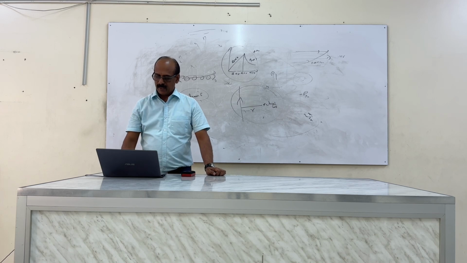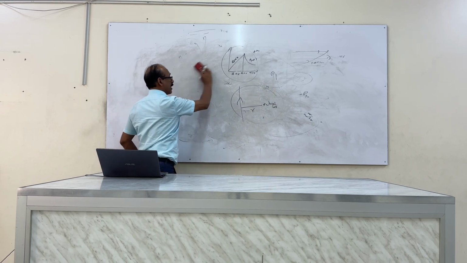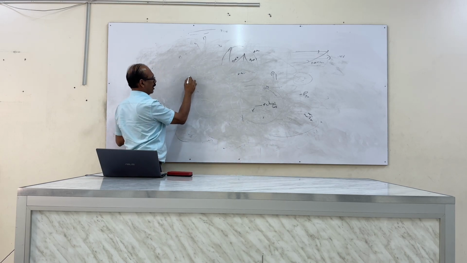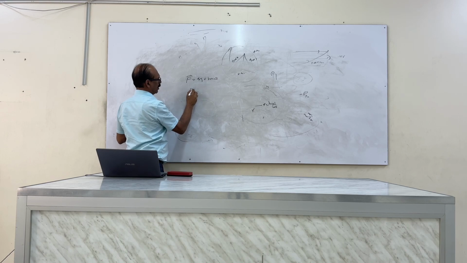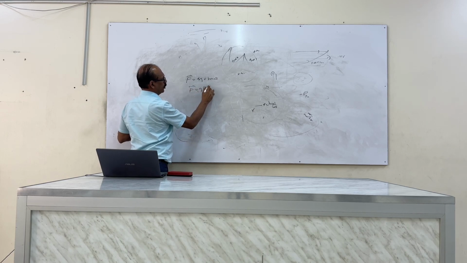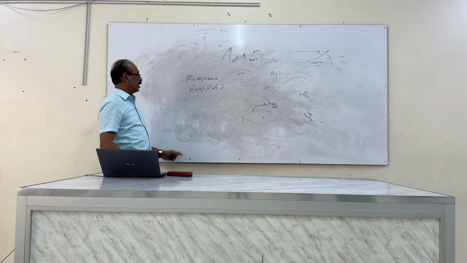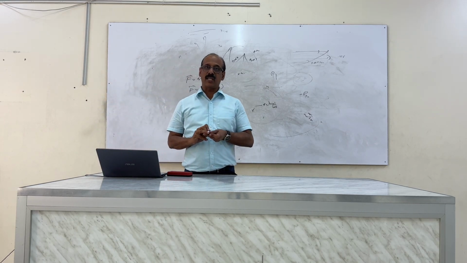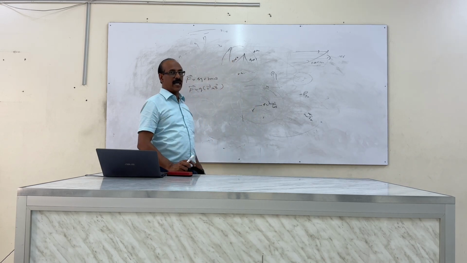Then next one here, force. Lorentz magnetic force. That's very important. That means F is equal to BqV sine theta, or F is equal to q into V cross B. Here F and V are perpendicular to each other. So based on this, a question can be asked, when a charged particle enters a magnetic field, how does it affect the change in kinetic energy?